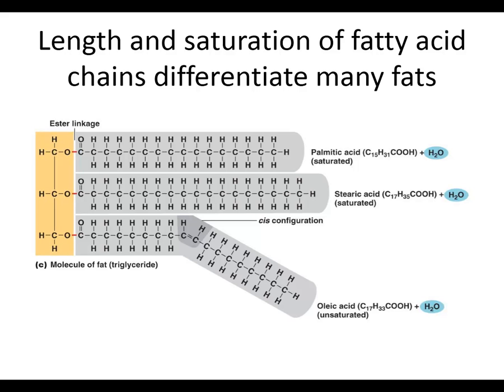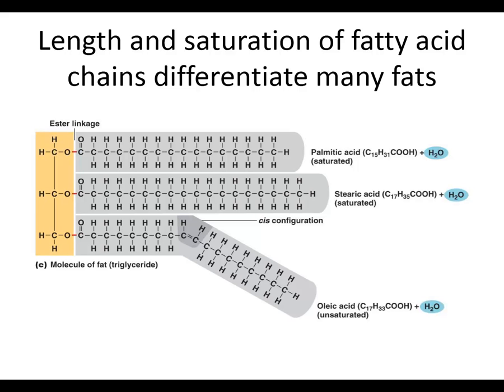So the length and saturation of fatty acid chains makes fats different from each other. Furthermore, we can see that this bend affects the way, if you have many of these molecules, the molecules stack one on top of another. If you imagine a big box and you're throwing a bunch of triglycerides into it, if the triglycerides are bent, they're not going to fit into the box as easily.